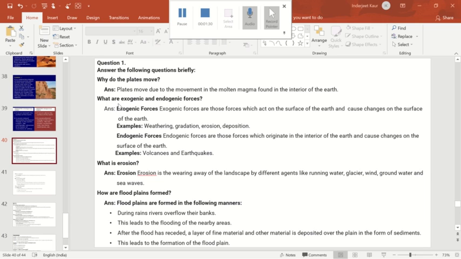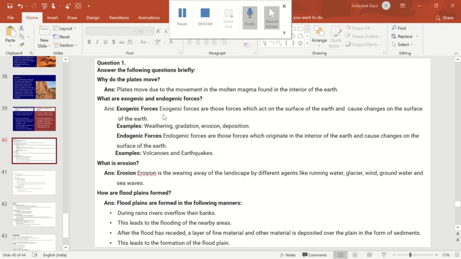Next question, what are exogenic and endogenic forces? We have two kinds of forces which change the face of the earth. The first force is exogenic force. Exogenic forces are those forces which act on the surface of the earth and cause changes on the surface.